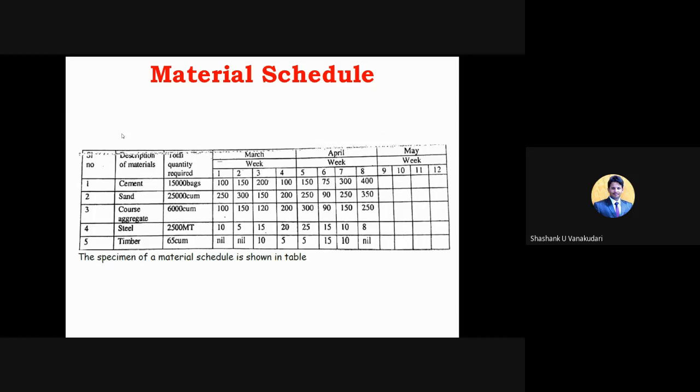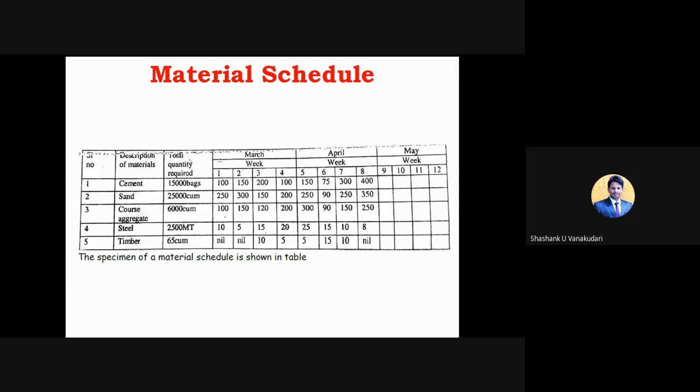So here you can see the material schedule, right? It is divided month wise, March, April, May, and here you can see the description of the material, which types of materials are required. It's just for example purposes. Here you can see cement, sand, coarse aggregate, steel, timber.